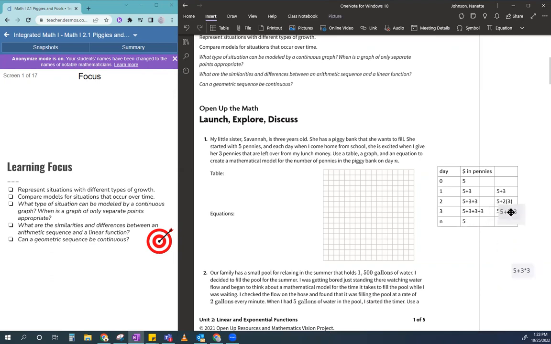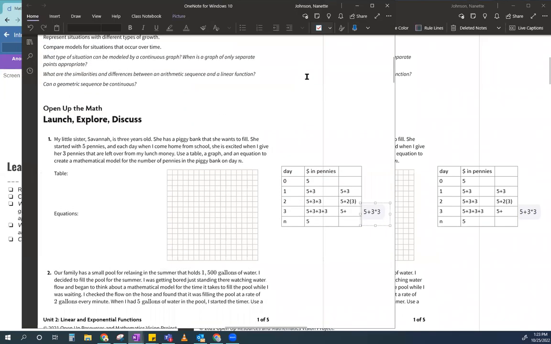Can I put this here and not make it look so messy? Oh, come on, computer. Sorry, it's going to be stubborn. So this is going to be 3 parentheses 3.